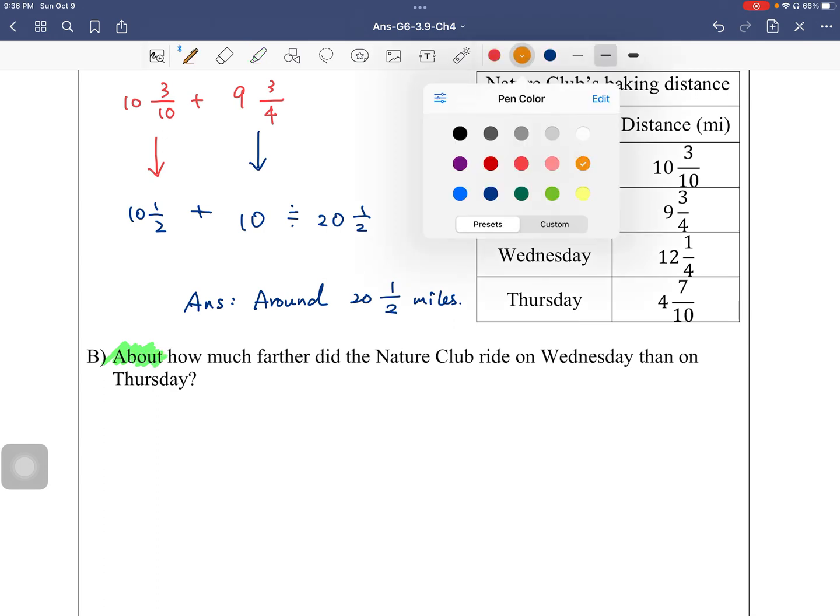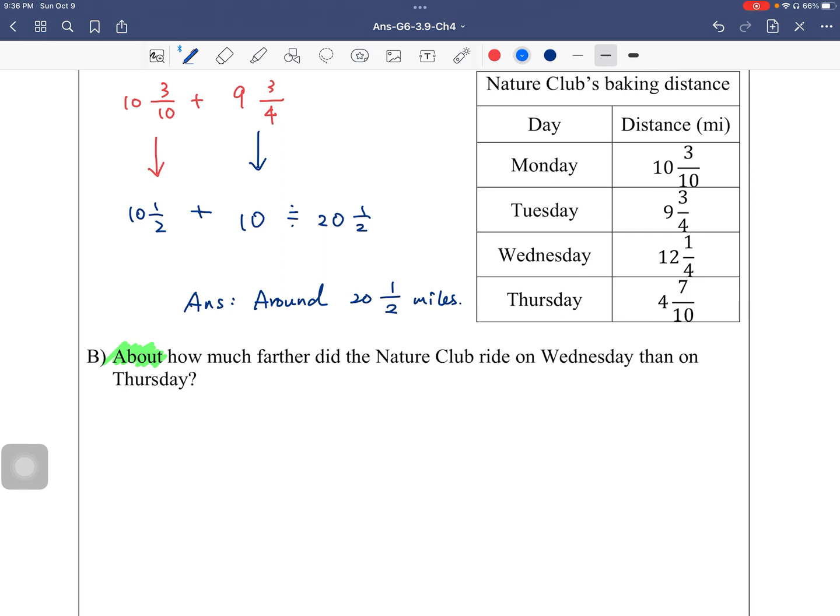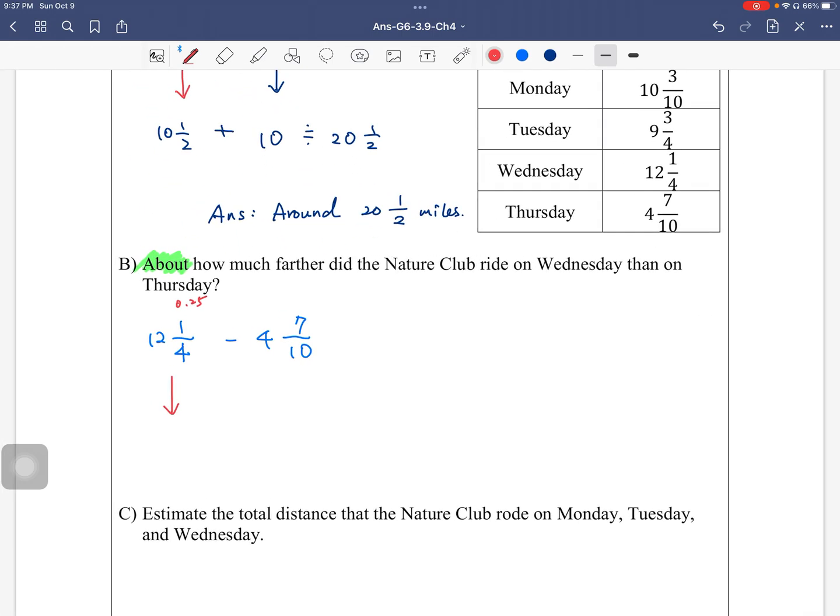So I have 12 and 1 over 4 minus 4 and 7 over 10. 1 over 4 is 0.25, which is less than a half. It is halfway between 0 and 1 over 2, so we can either round it up or round it down.